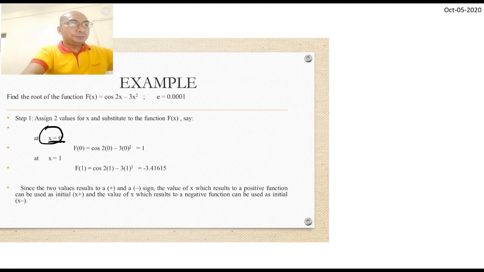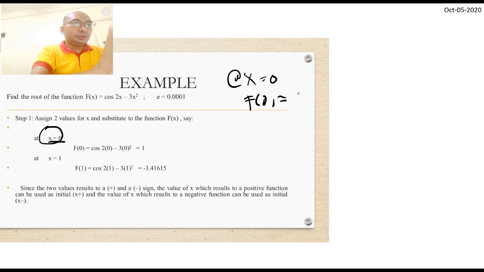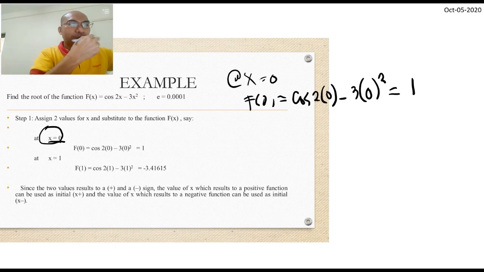So here in our example, we assume at first x equals 0. Our function of x will be equal to cosine of 2 times 0 minus 3 times 0 squared, which is equal to 1.